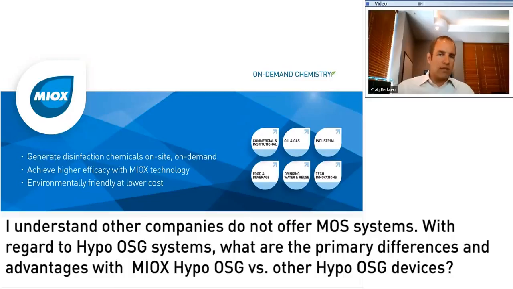Where MIOX is different and unique is that in our early research, we spent literally years optimizing the electrolytic cell, changing the coatings, changing the spacing, changing the power supply, and measuring all of those parameters against each other to find the cell that actually produced the most mixed oxidant in addition to the sodium hypochlorite.